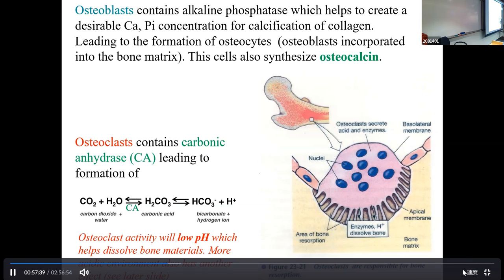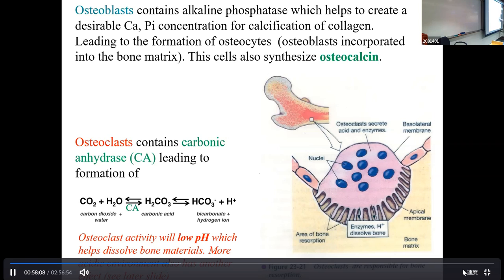How do you break down the bone? One of the aspects is that you create an acidic environment to dissolve that mineral complex, and that is the job of the enzyme present in this type of cell. So osteoclast activity will lower pH, which helps dissolve bone materials.